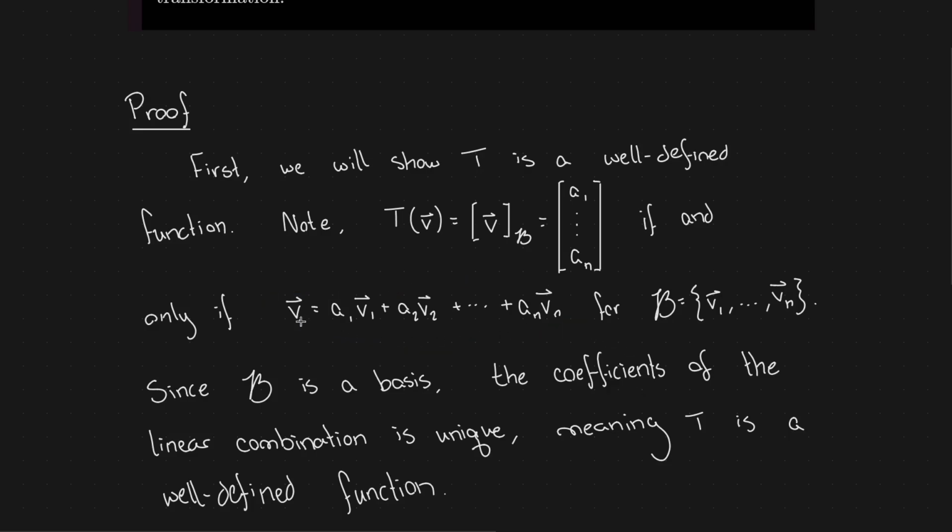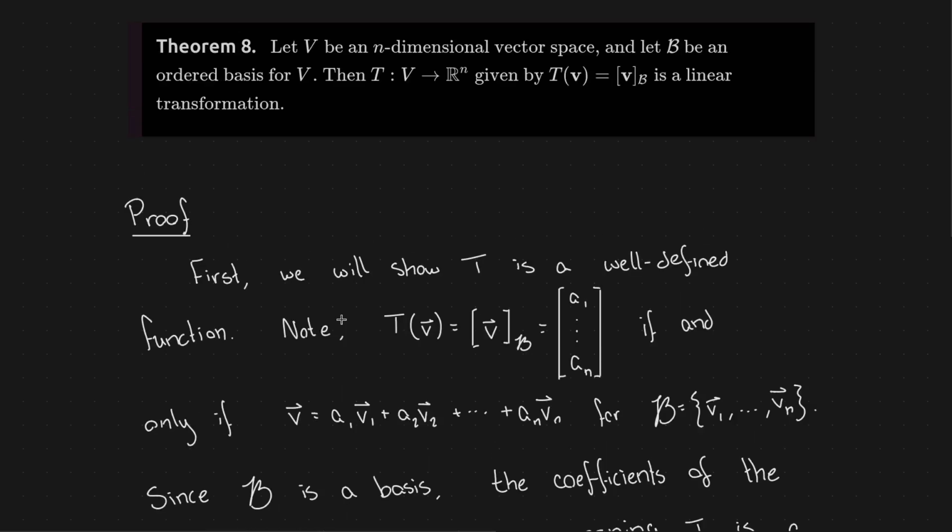There's only one way to combine a basis linearly, or actually any set of linearly independent vectors, to get a particular vector v. Okay? All right. So that was probably a little confusing, but hopefully it makes a little bit of sense. Okay, we just need to check that the thing we're calling a function is actually a function.